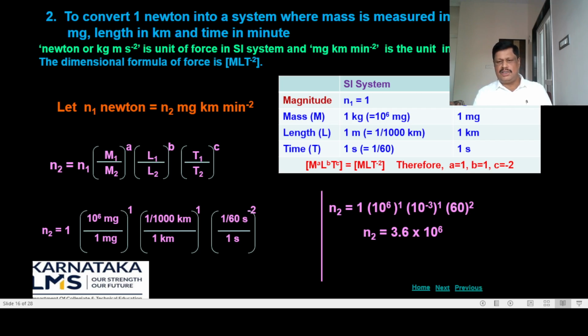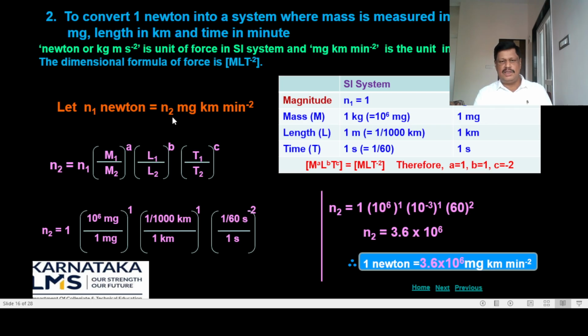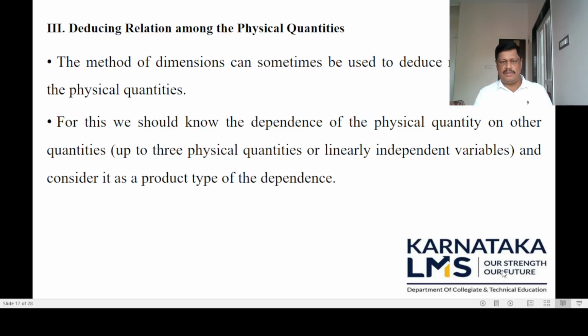So 3600 into 10 power 6 into 10 power minus 3 gives N2 is equal to 3.6 into 10 to the power 6. Substitute the value of N2 in this equation, you get 1 Newton is equal to 3.6 into 10 power 6 milligram kilometer per minute square.